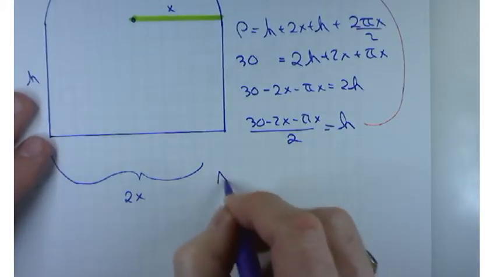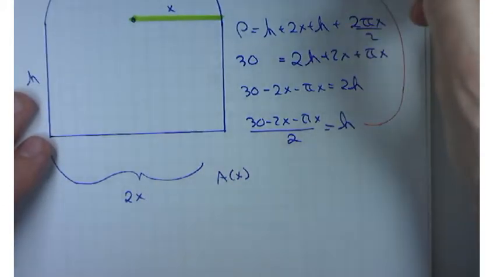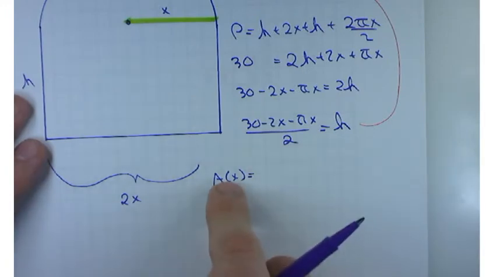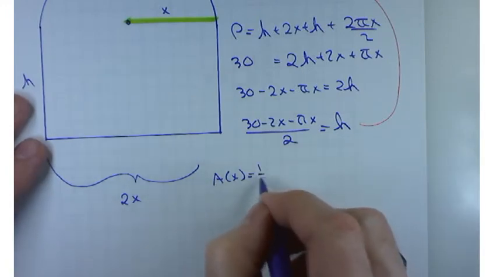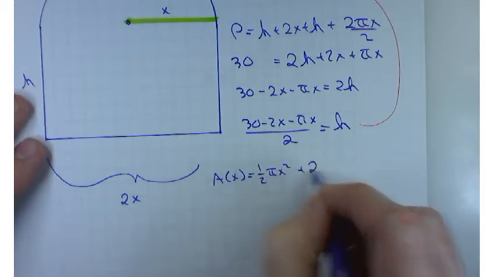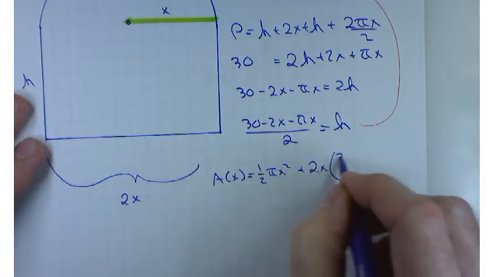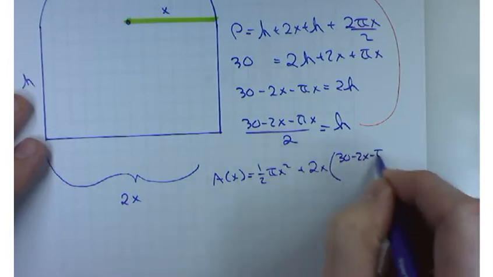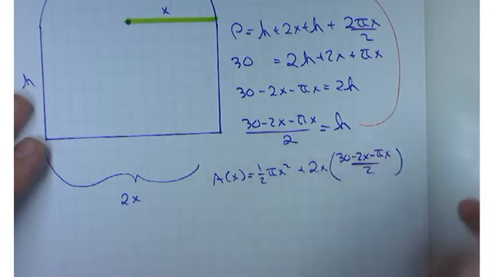So we'll call it A of x, because we're getting rid of the h here. This is our function of one variable. It's going to be 1/2 pi x squared plus 2x times 30 minus 2x minus pi x over 2.